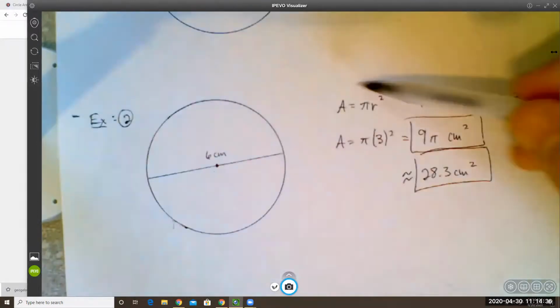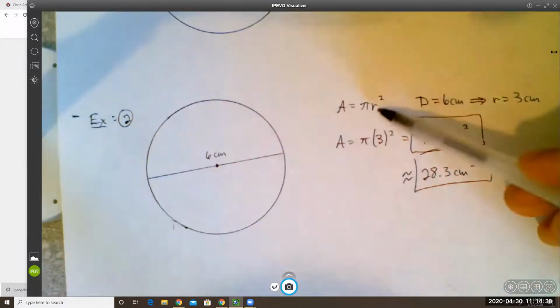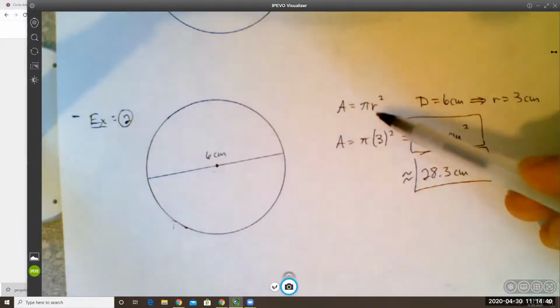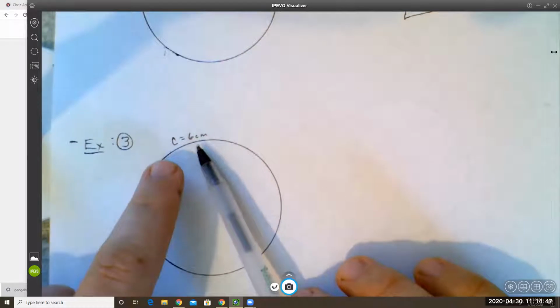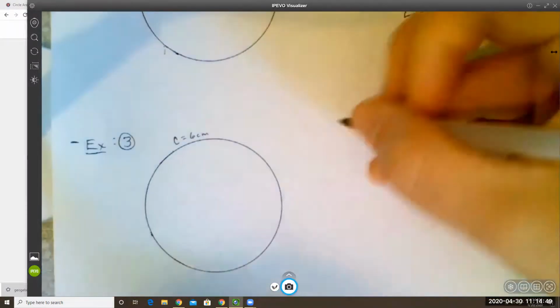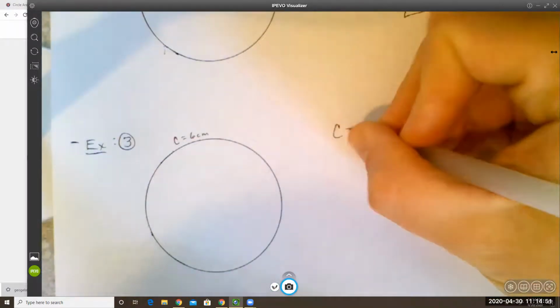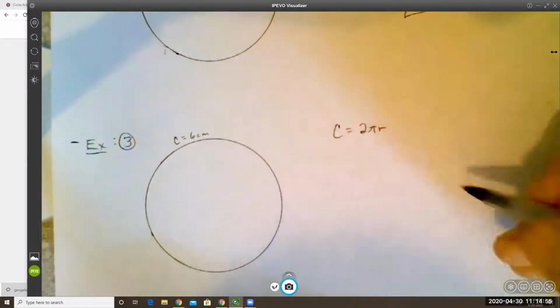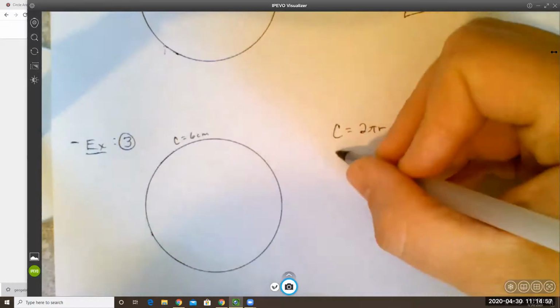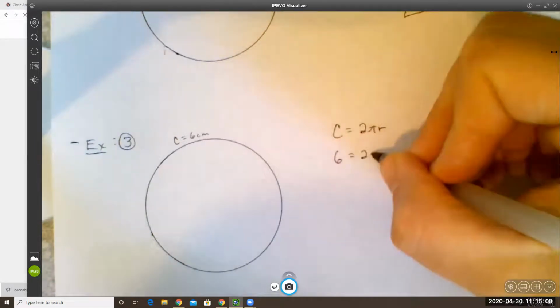We know that the area is pi r squared. So we know that we need to figure out what the radius is in order to be able to use this formula. We're not given the radius though, so let's see if we can figure it out, right? We know that the circumference is 2 times pi times the radius, and we know that the circumference is 6 centimeters. So 6 equals 2 pi r.